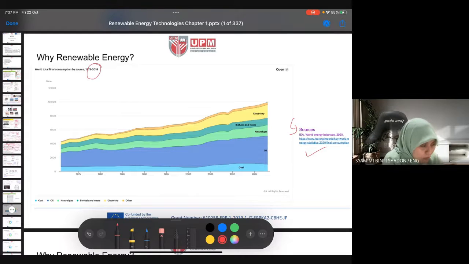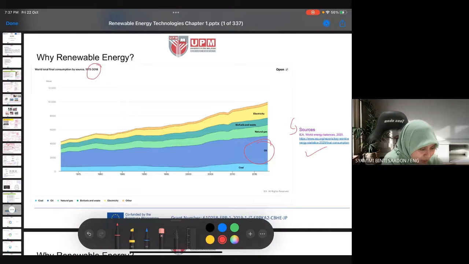First, the world total final consumption by source. I hope you can see here. If we look from the 70s until now, 2015, 2020, most of the worldwide consumption source comes from oil, right?